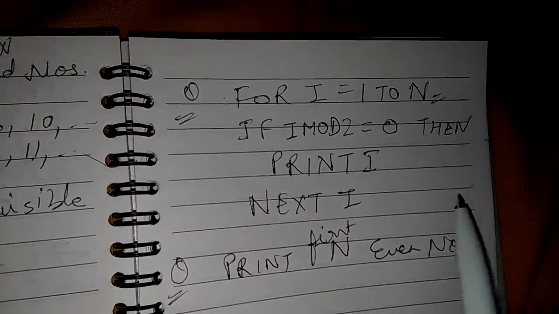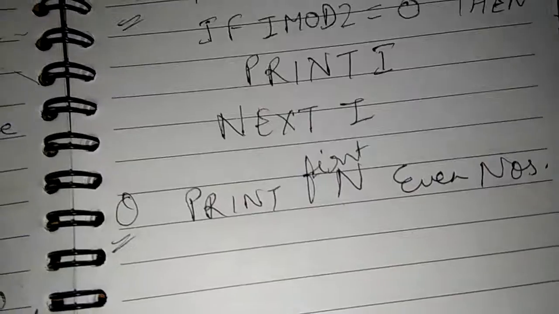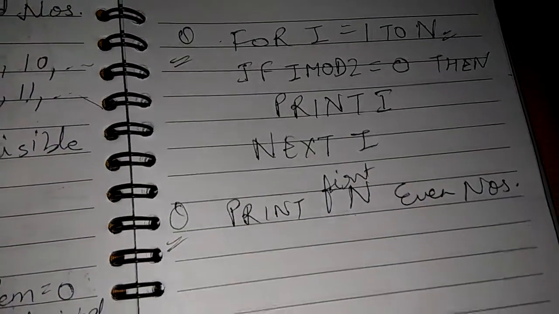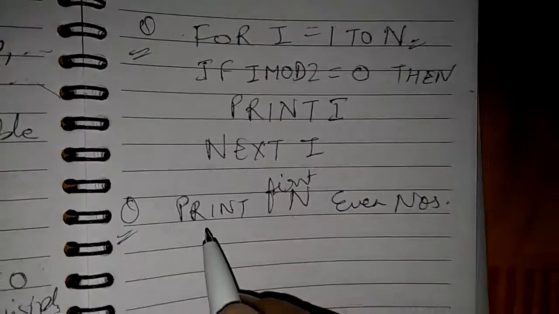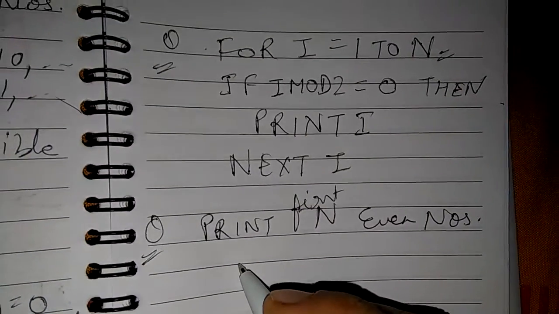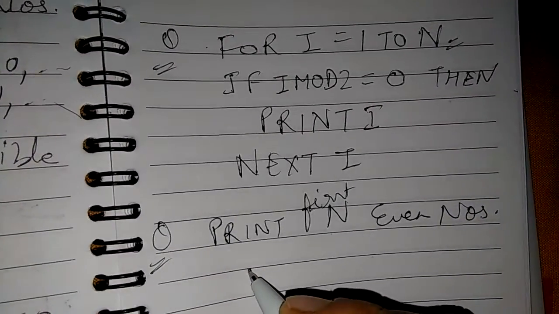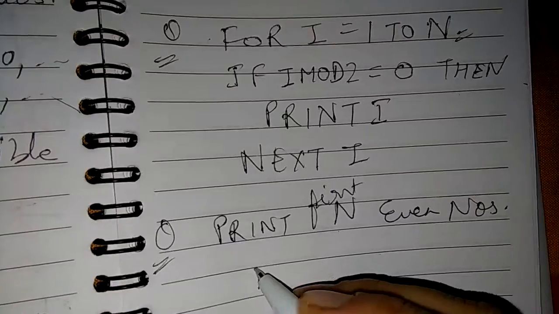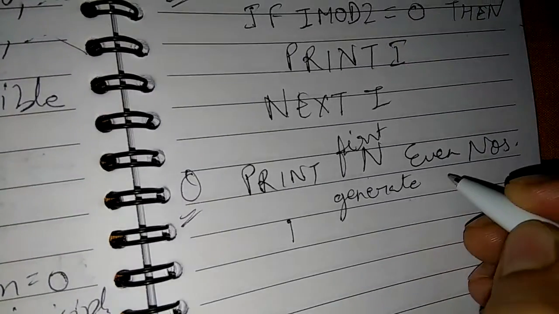Because here I have to count whether the even numbers printed are n or not. So in that case, the other form of doing this is also called generating even numbers.